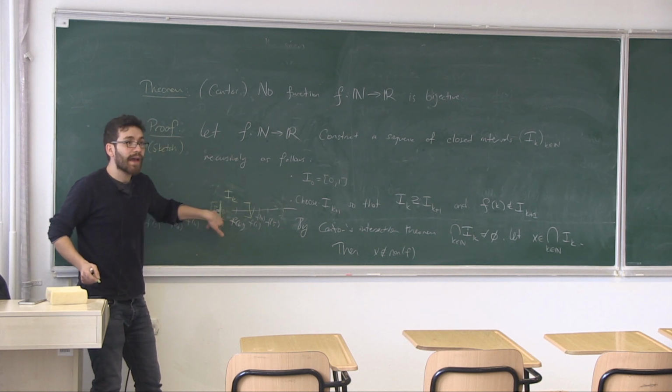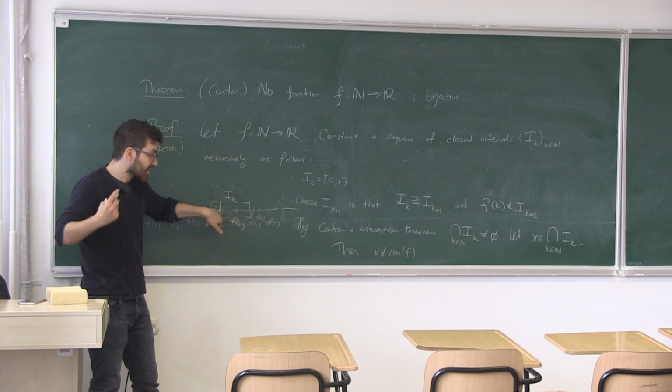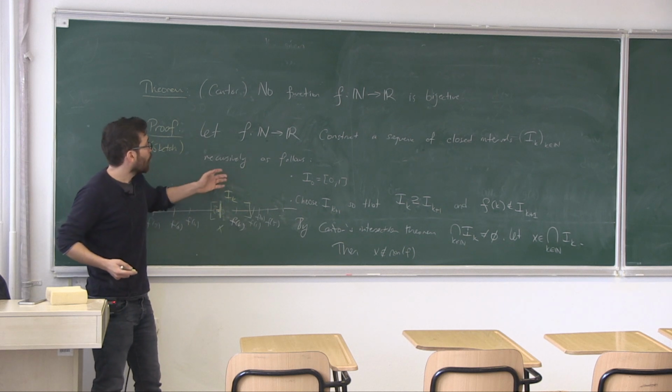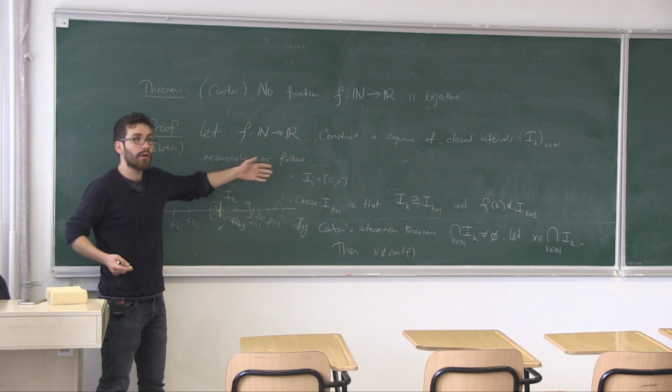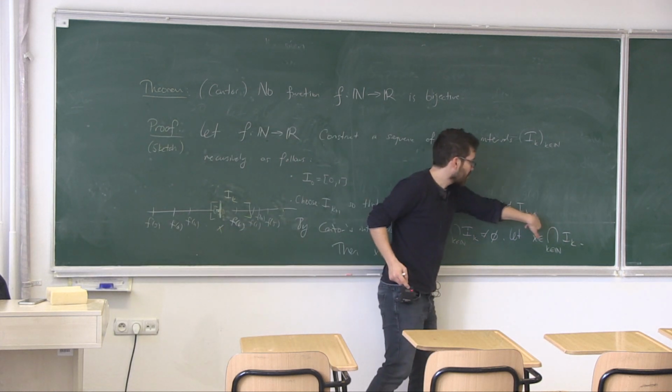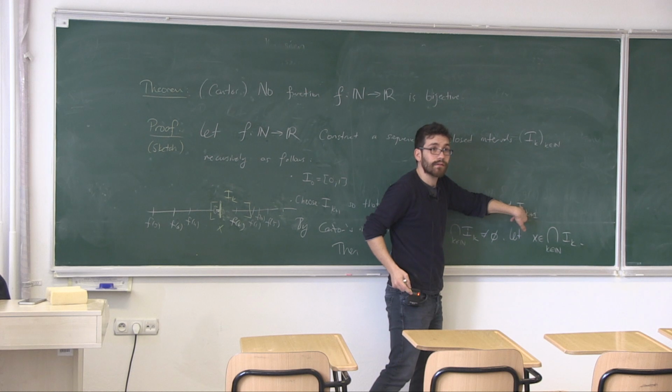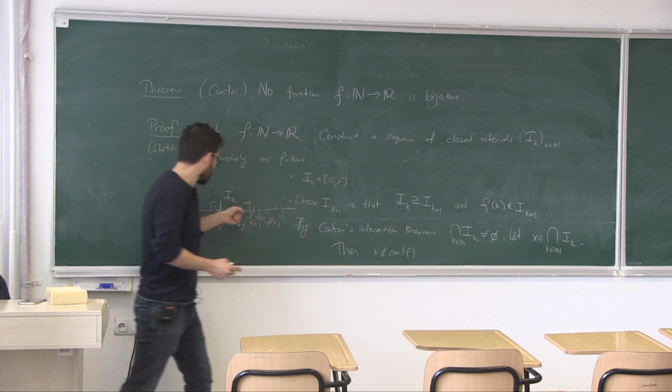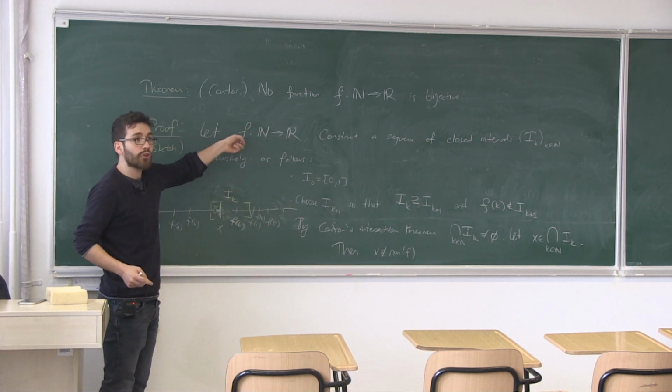Which means that this x cannot be of the form f of k, because f of k is missed by i_{k+1} and x is inside this. So this x is simply not in the range of f, okay?